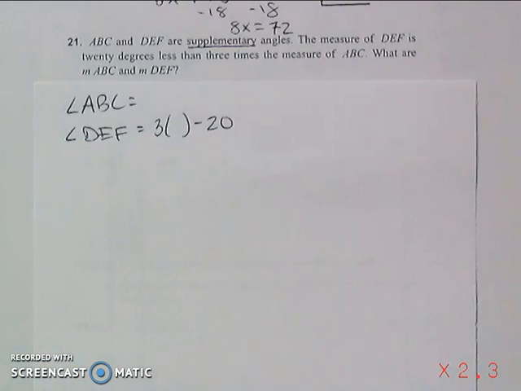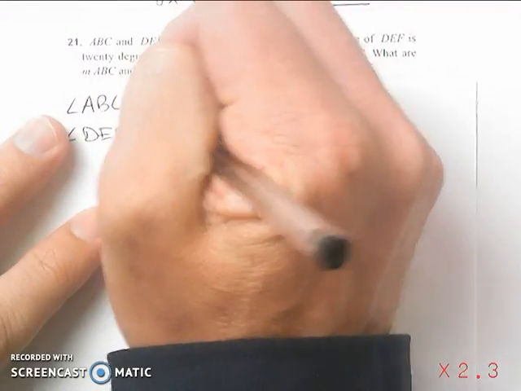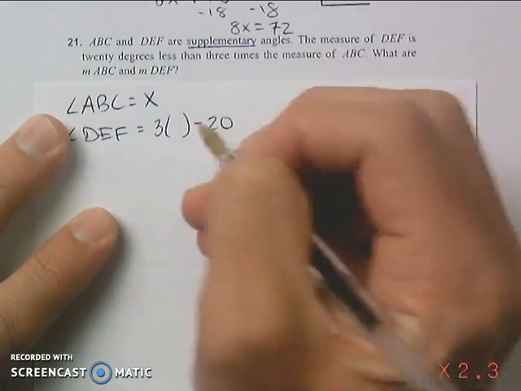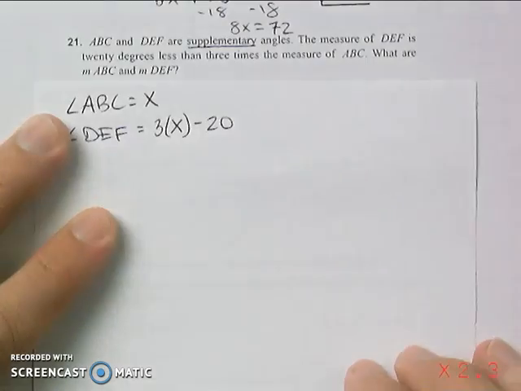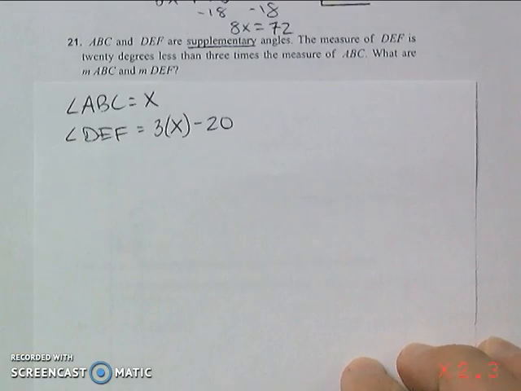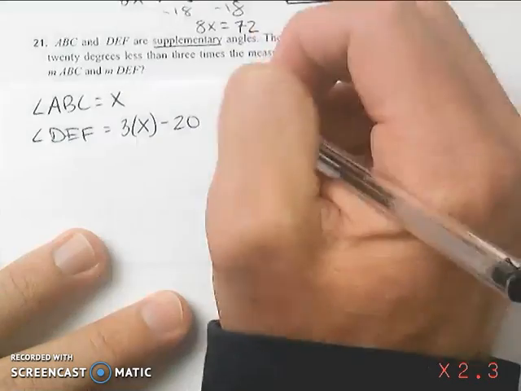I don't know what ABC is, so I don't know what number to put in there, and I don't have any information on ABC. So in algebra, if we don't know something, we just assign it the variable x. Now we know what the two angles are in terms of algebra, so we can add those two.